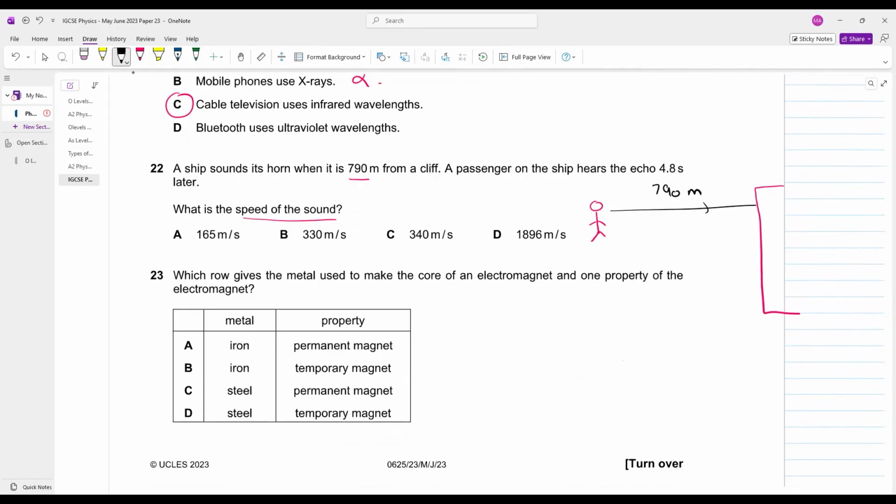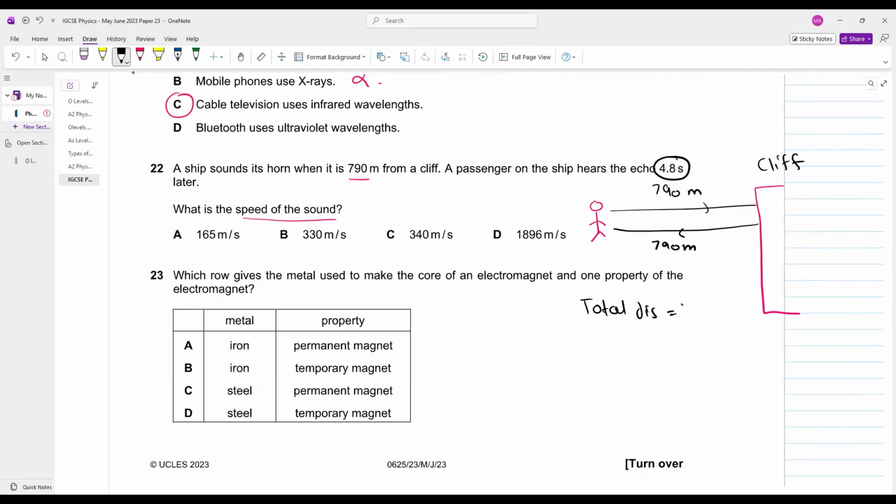away from the cliff. Beta, how will you hear an echo? Sound will first go to the cliff. It will get reflected back from the cliff like this. And the total time taken is 4.8 seconds. What is the total distance?